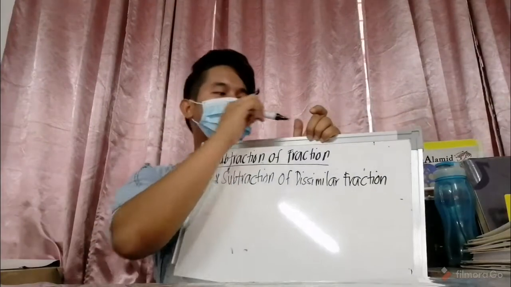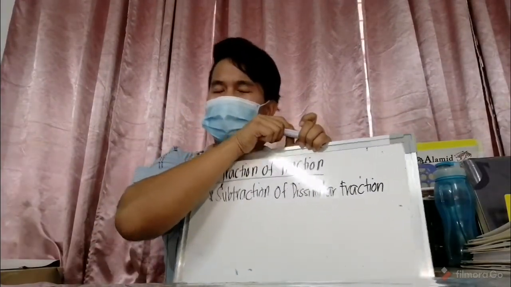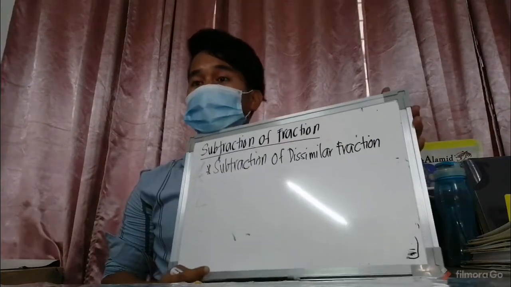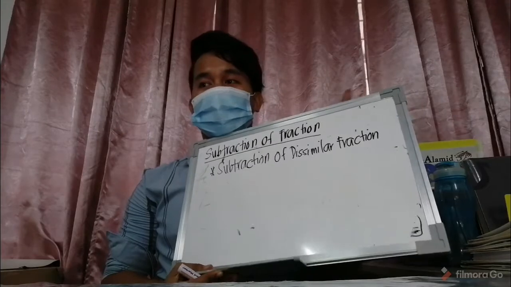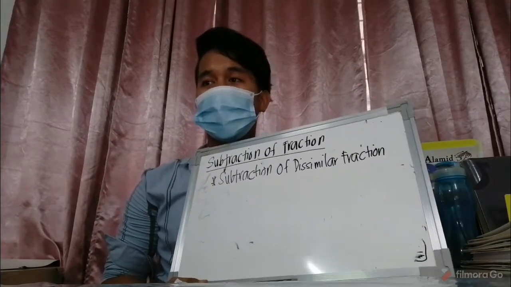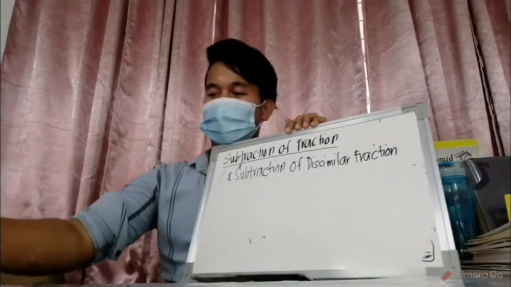And now, let us talk about subtraction of dissimilar fractions. So again, as in addition, it is necessary that the dissimilar fractions be converted into similar fractions first, and then proceed to subtraction of similar fractions.